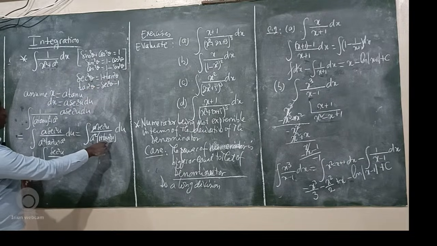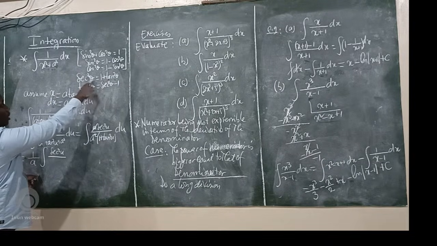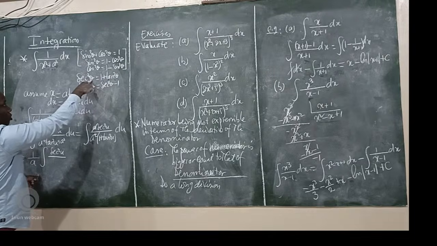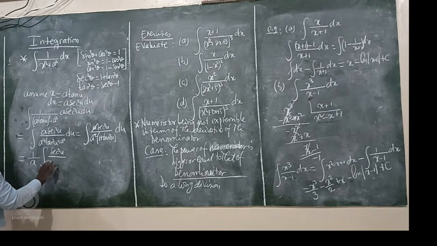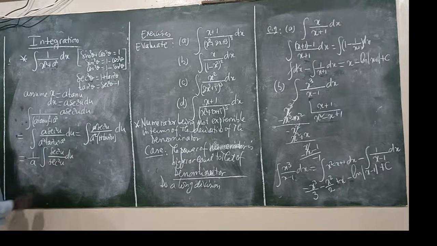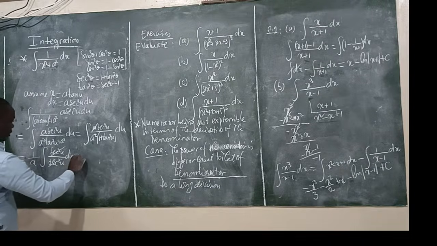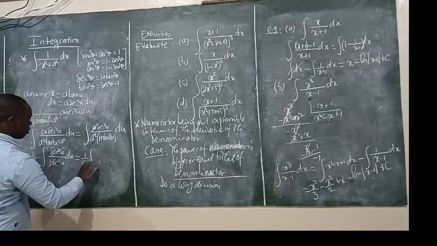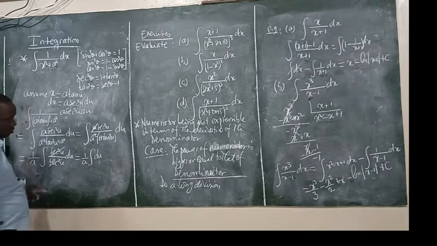Here 1 plus tan squared of u will be, let's replace theta by u, here u, here u. This will be sec squared u du. So we need to simplify this and this. Okay? This is 1 over a times the integral of du.